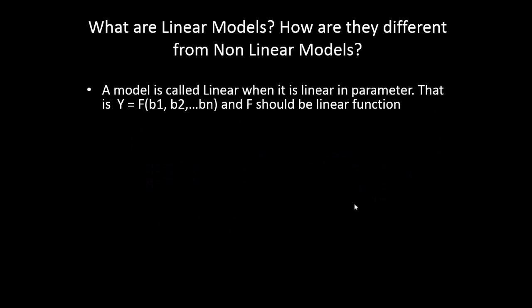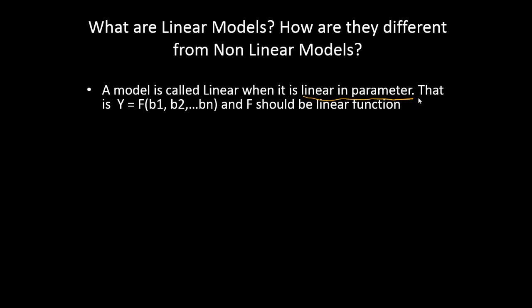The next question is, what are linear models, and how are they different from the non-linear models? A model is called linear when it is linear in parameters. Now understand this particular statement, linear in parameters. We cannot say a model is nonlinear if it is nonlinear in variables.